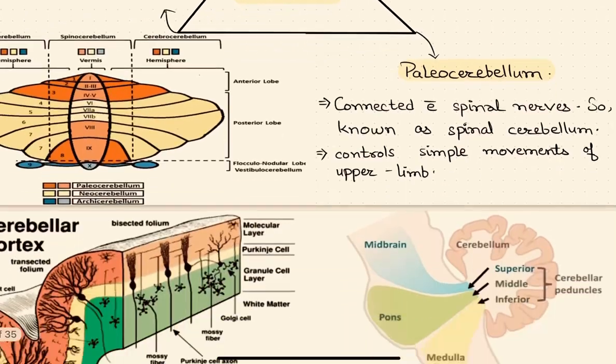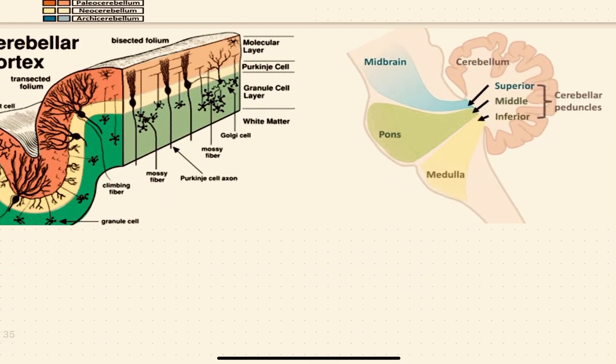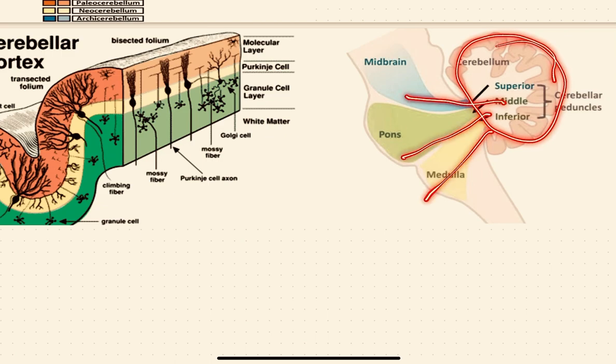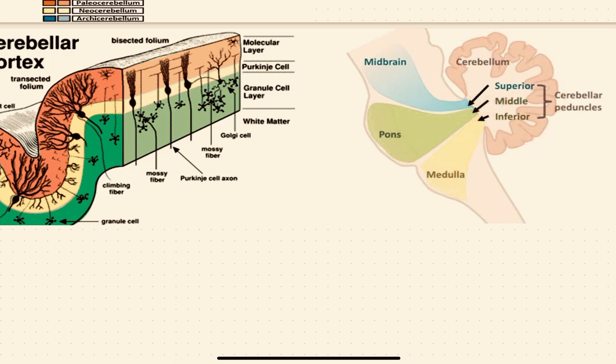Okay. Now this cerebellum is connected with the midbrain, pons, and medulla by some specialized neuronal fibers, and these are known as cerebellar peduncles.